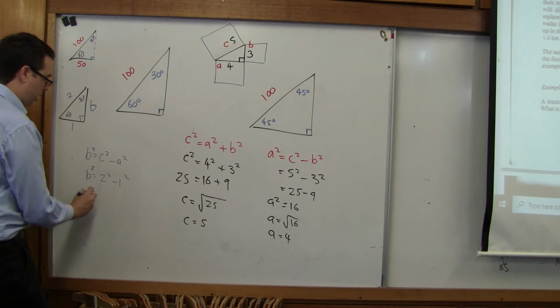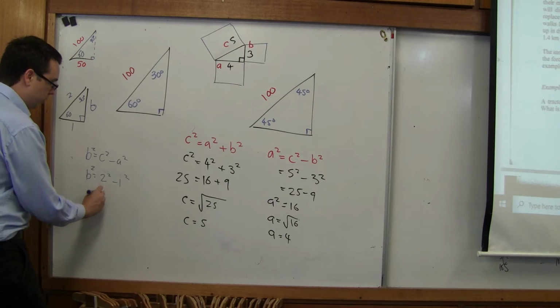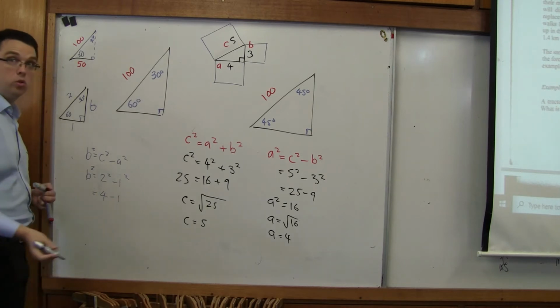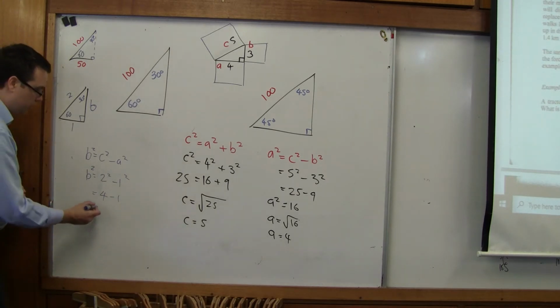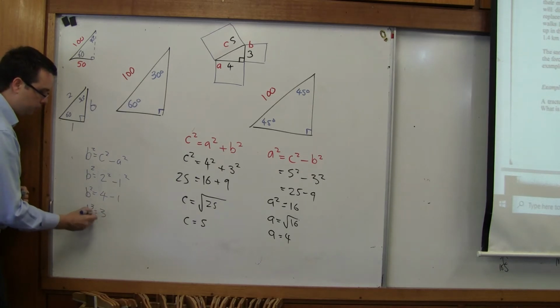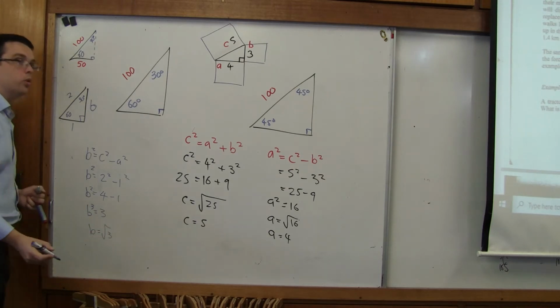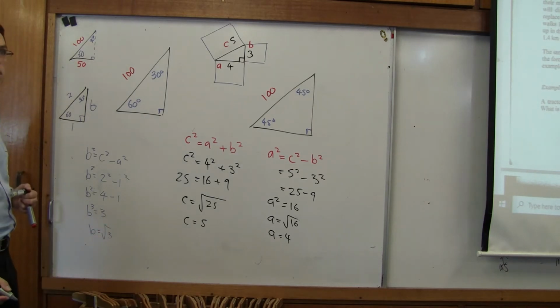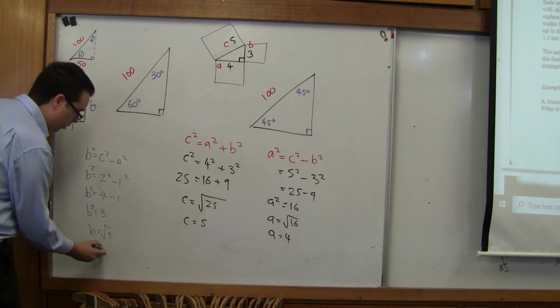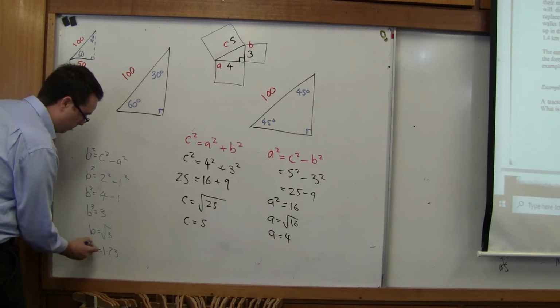So it goes 4 minus 1, because 1 squared is 1, which gives us B squared equals 3. Therefore, B equals the square root of 3. What's the square root of 3? It's equal to 1.73 something.